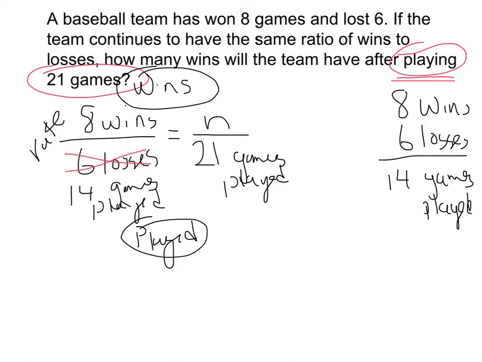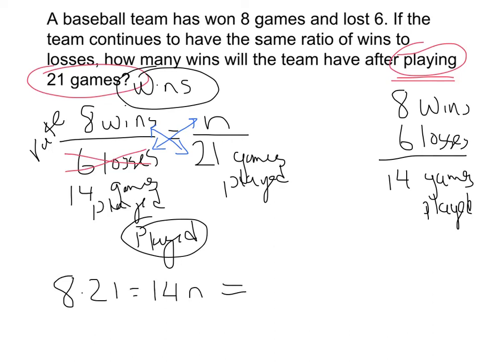From here, it's fairly simple to once again cross multiply. So 8 times 21 equals 14 times n. And of course, this could be solved by doing equivalent fractions and recognizing that 14 goes into 21 1.5 times. 1.5 14s is 14 plus 7 is 21. So 1.5 eighths would be 12. And let's double check that by cross multiplying and getting 8 times 21 equals 14n.